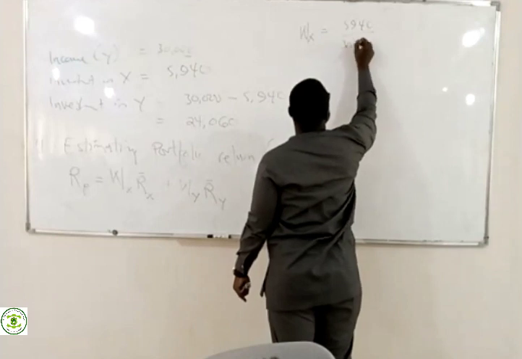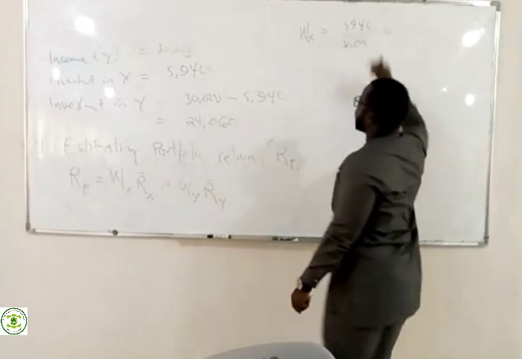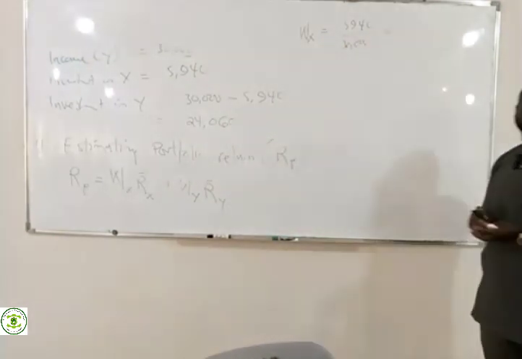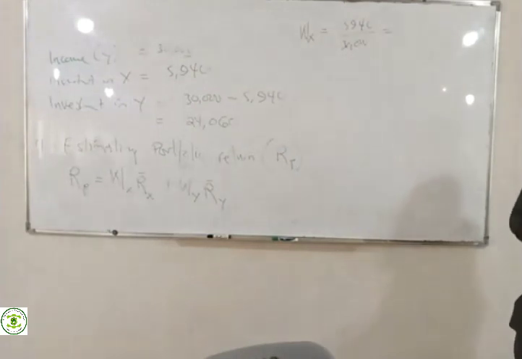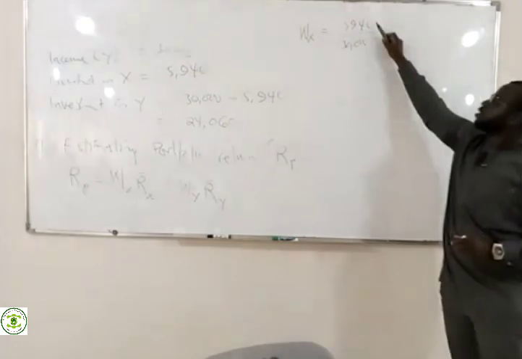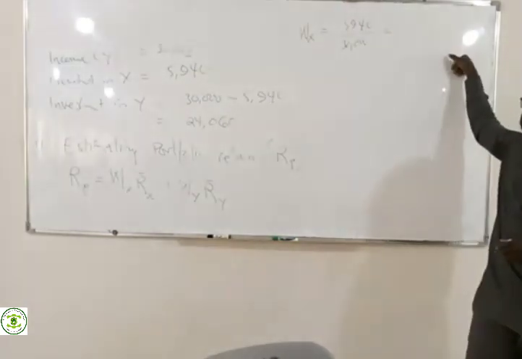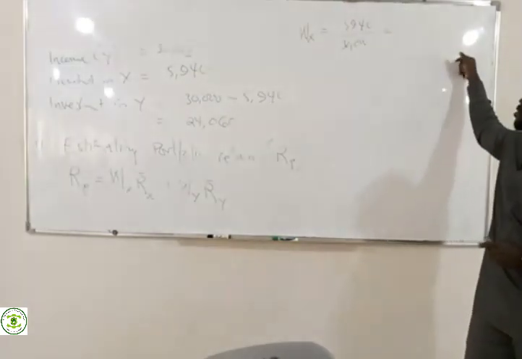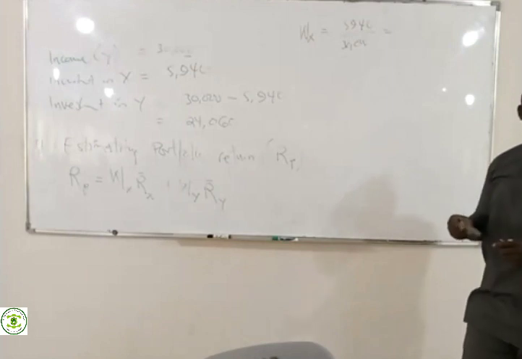That's the total. So that is the fraction spent on X. So this fraction will be this divided by this.